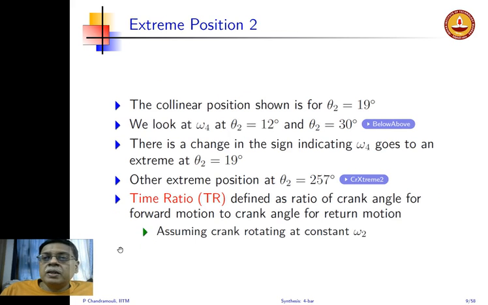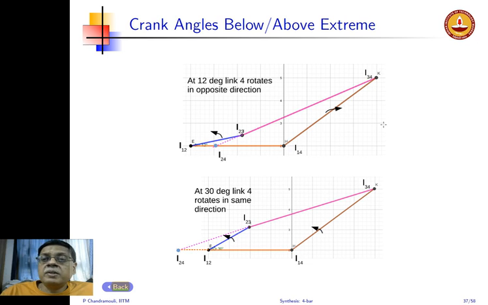All right. This collinear position is shown for theta 2 equal to 19 degrees. One can convince oneself that we have a 0 there by looking at what happens at 12 degrees and 30 degrees. I have plotted the configuration at theta 2 equal to 12 degrees, and you can see that I24 lies in between I12 and I14.